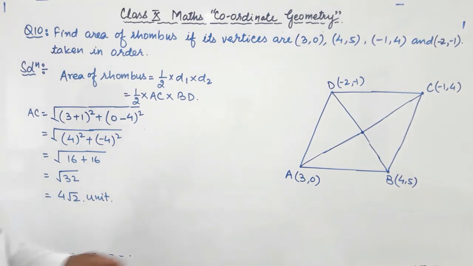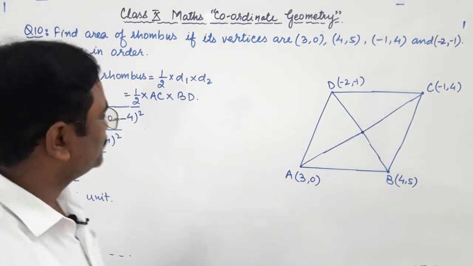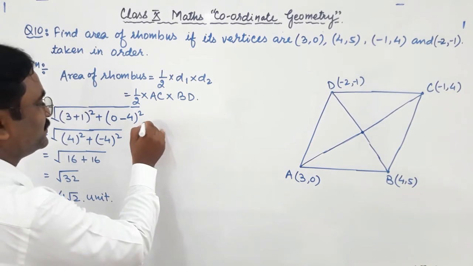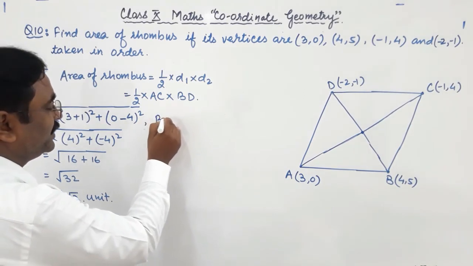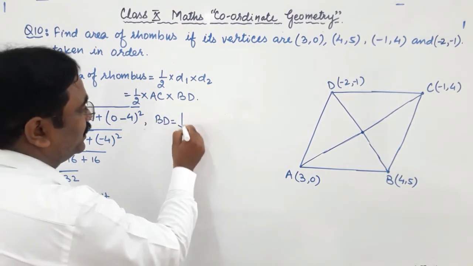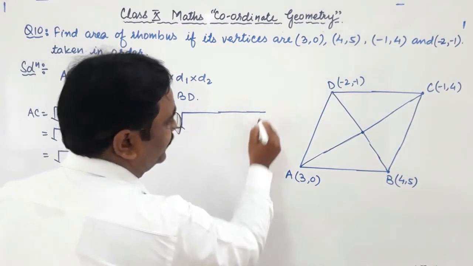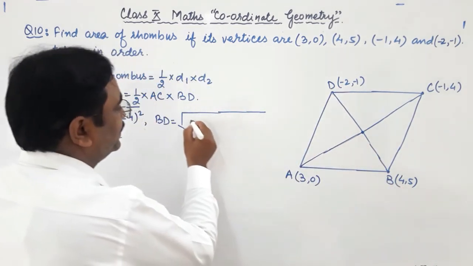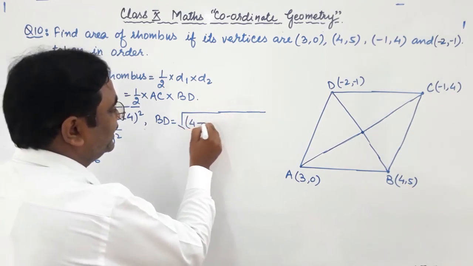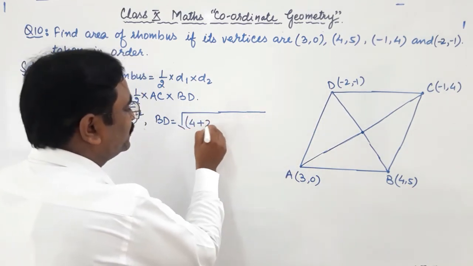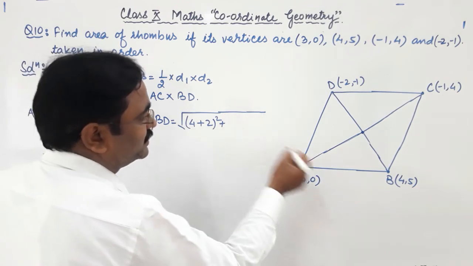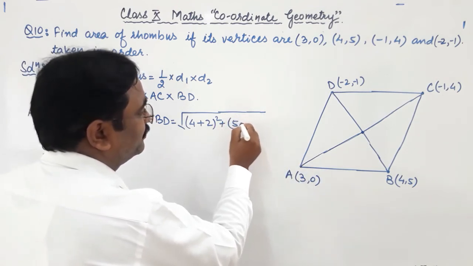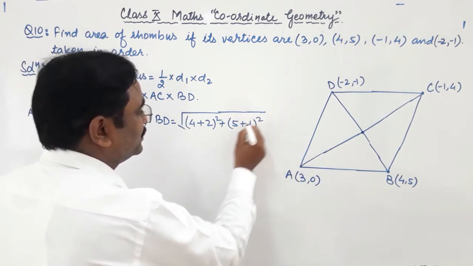Now let us find out the measure of diagonal 2, which is BD. So BD is equal to under root (x1 minus x2) whole square, which is 4 minus minus 2, that is plus 2, whole square, plus 5 minus minus 1, that is plus 1, whole square.